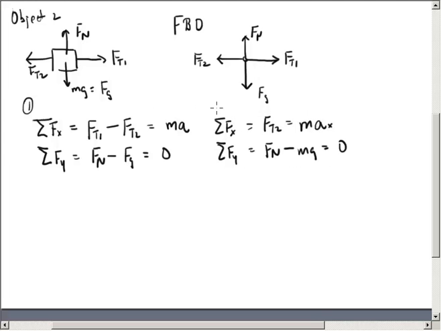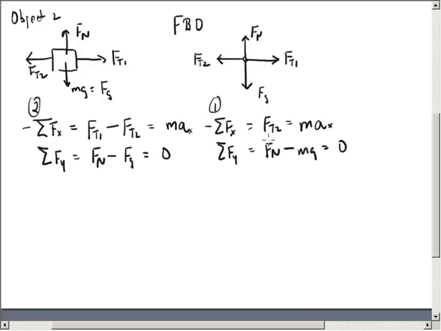Whoops, I'm sorry. That should be, let's delete it. This should be object 2 and object 1. Okay. Now notice that we have a connection between this equation for the x component and this equation. Both refer to the same acceleration.